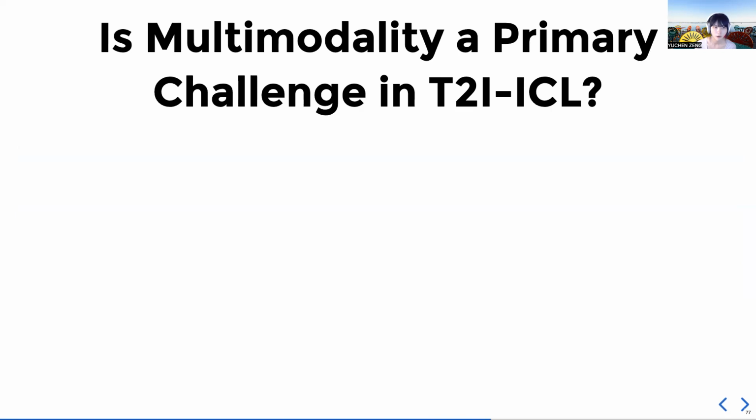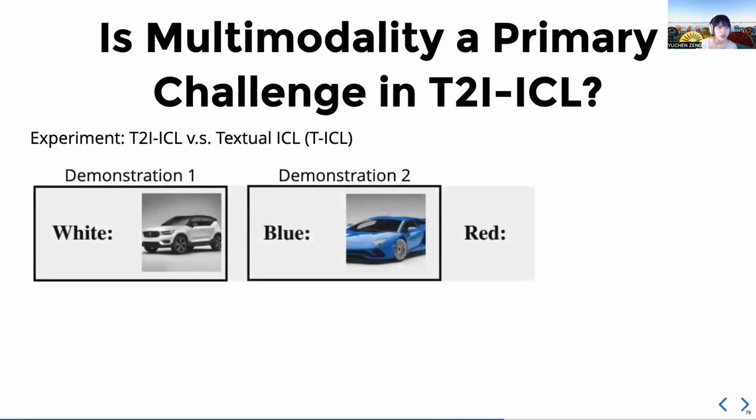So to verify the first hypothesis, is multimodality a primary challenge in T2I ICL? We conduct an experiment to compare T2I ICL versus text ICL. This is the default form of prompt we used in our dataset.